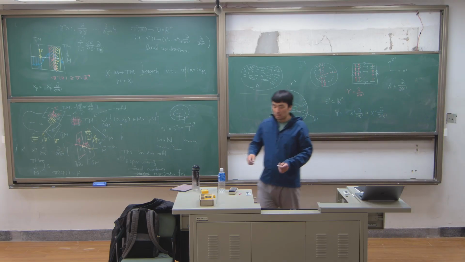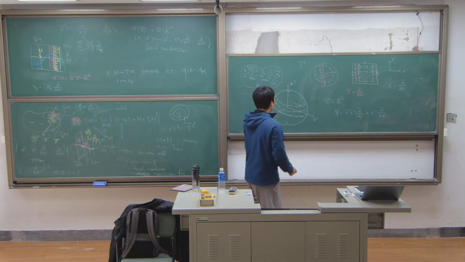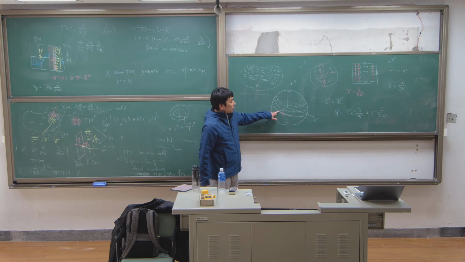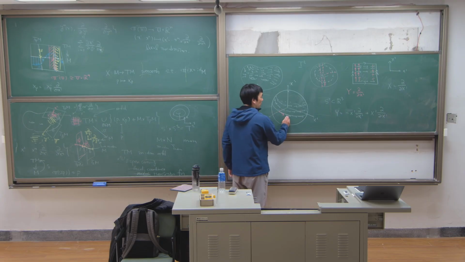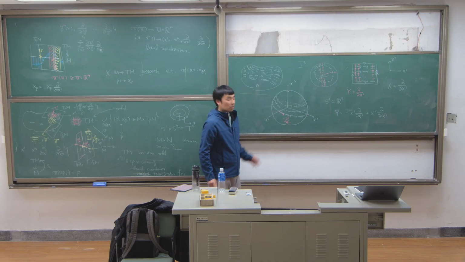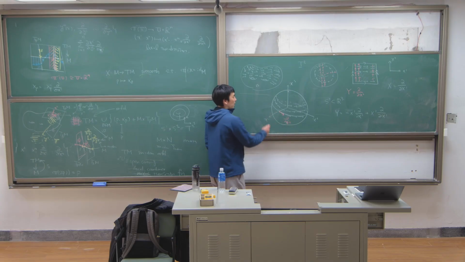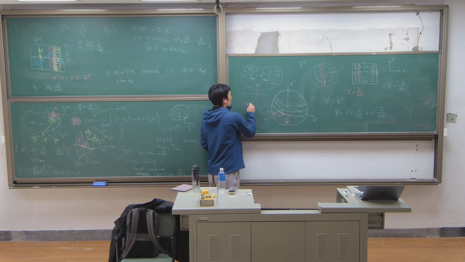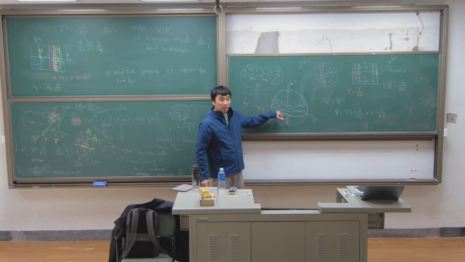So for instance, if you look at this point, when x2 is equal to 0, we just direct to delta x2. So this direction is delta x2, right? And here the coordinates are x1, x2, x3. The x1 coordinate is 1 right here.